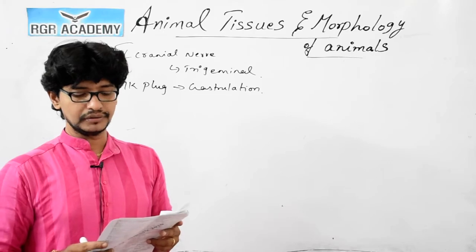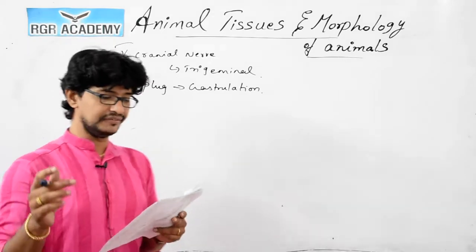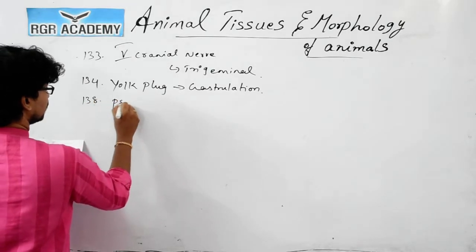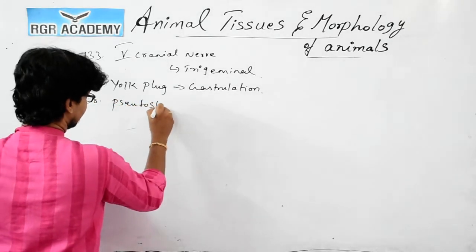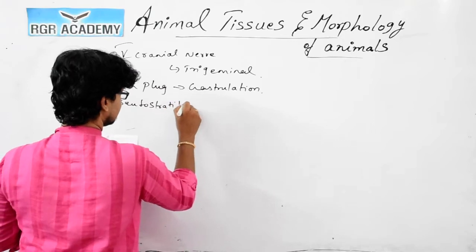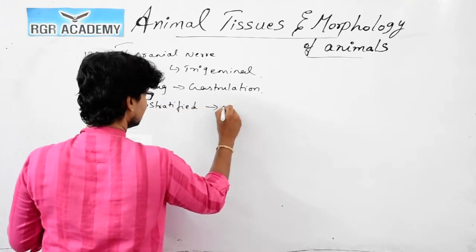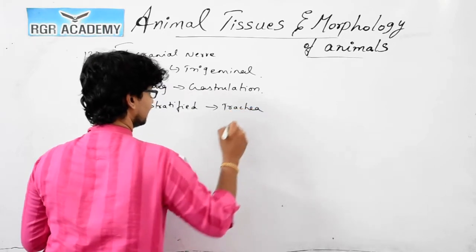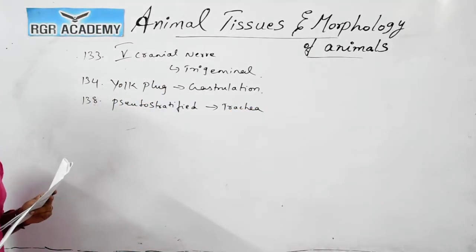138, pseudo stratified epithelium, this we already discussed in the first part itself. This type of cell is present in the trachea and in the respiratory tract, but the bronchioles are ciliated.